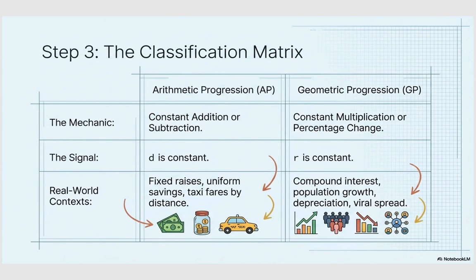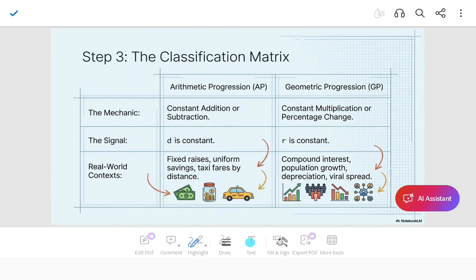So we move on to classification: arithmetic progression and geometric progression. We have kept on repeating these key information so that you understand them and use them appropriately. Addition or subtraction, multiplication, or percent, which is a fraction.